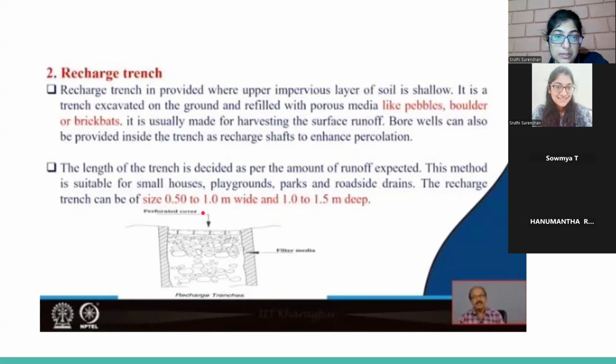So you see, the recharge trench is excavated and filled with pebbles, boulders, etc., for water to flow through, get collected over here and recharge the groundwater.